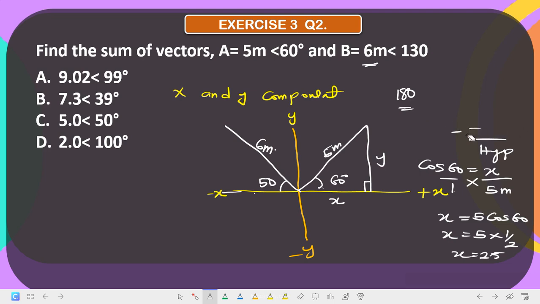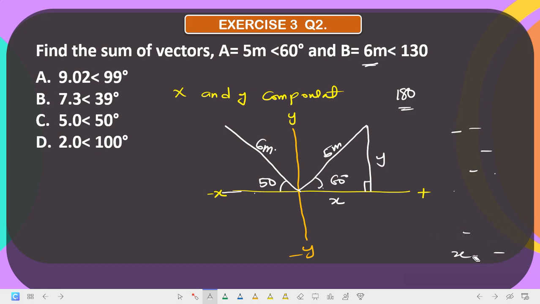Now, how about the y-axis? What's the relationship? You agree with me that the relationship on the y-axis is sine theta. So most times, the relationship on the x-axis is usually cos theta, and those on the y-axis is sine theta. So if we go by that, we have sine 60 is equal to opposite, which is y, all over hypotenuse, which is 5 meters.